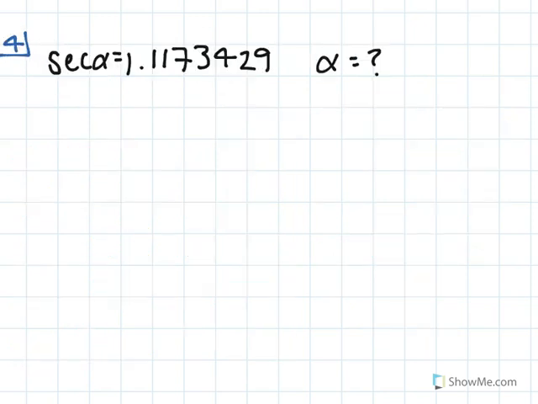In this question, we're given a value for secant of alpha, and then we're asked to figure out what alpha would be. So it's important in this question to remember some of our identities. So we know that cosine of alpha is equal to 1 over secant alpha.